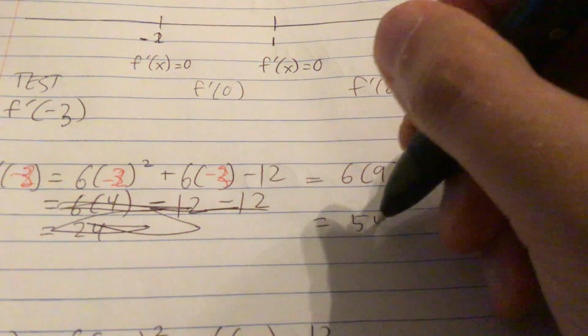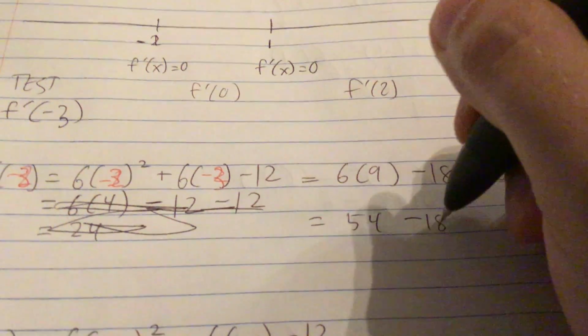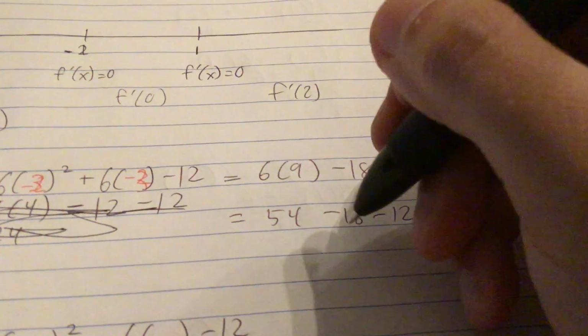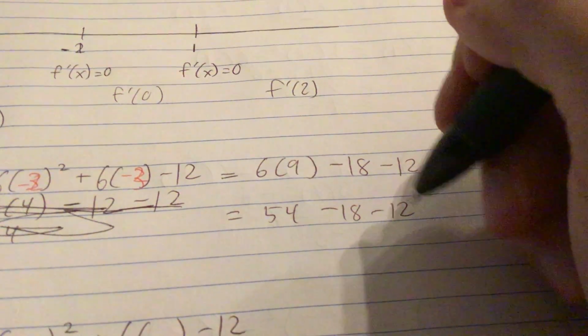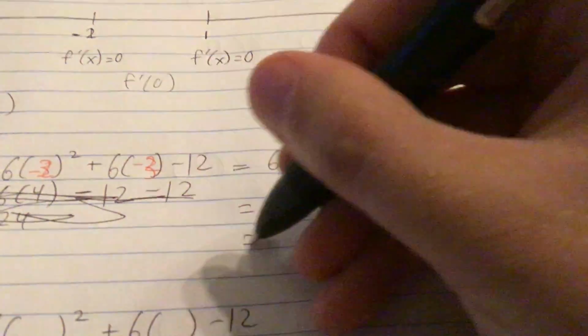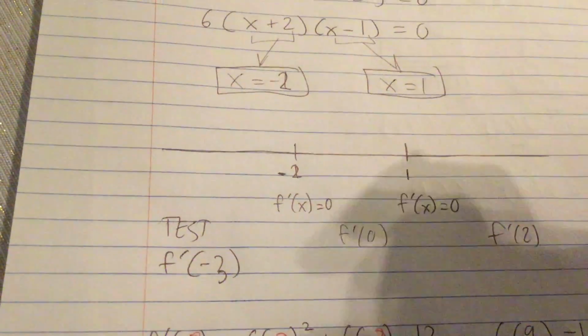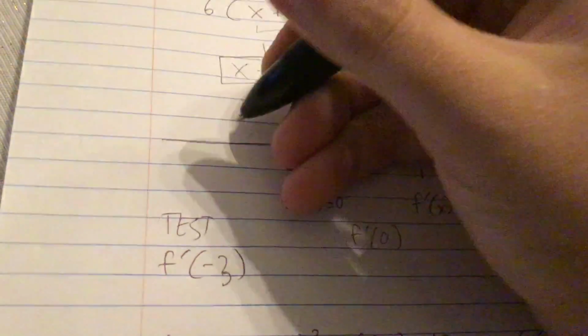That'd be 54 minus 18 minus 12. So -18 plus -12, that'd be -30. Well, that would be +24. So what this means is that before, our slope is positive.